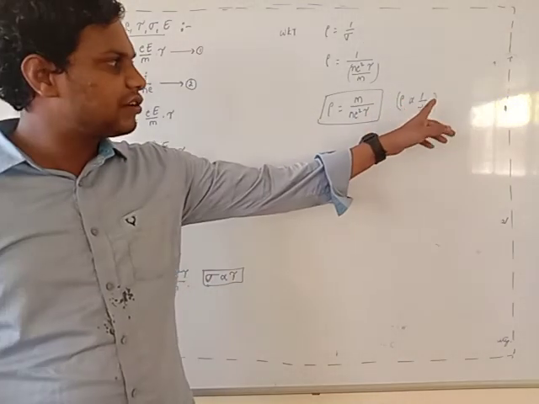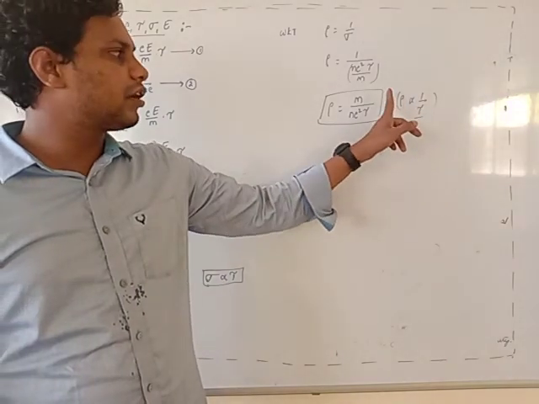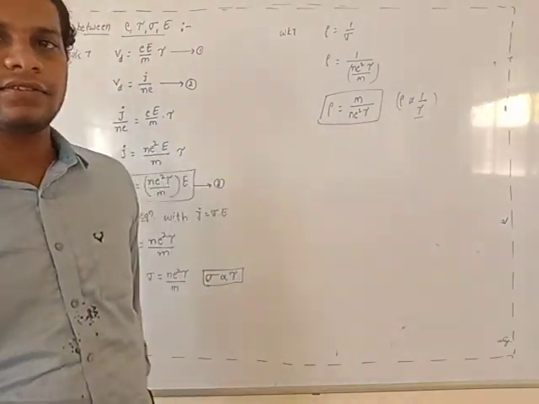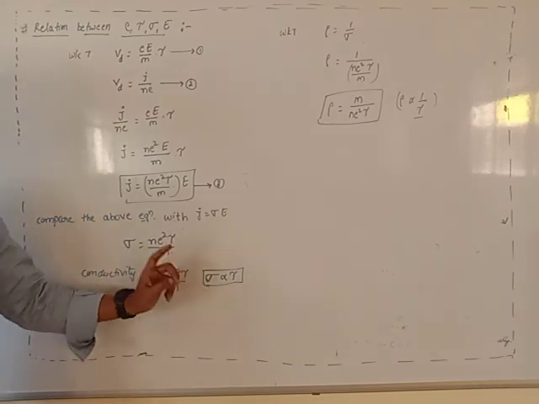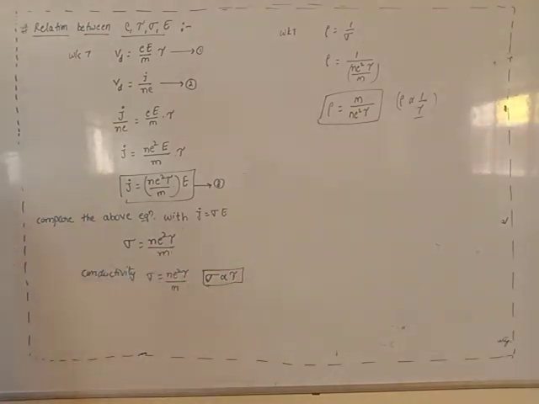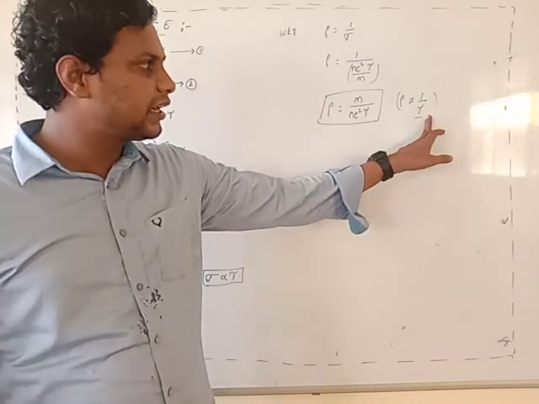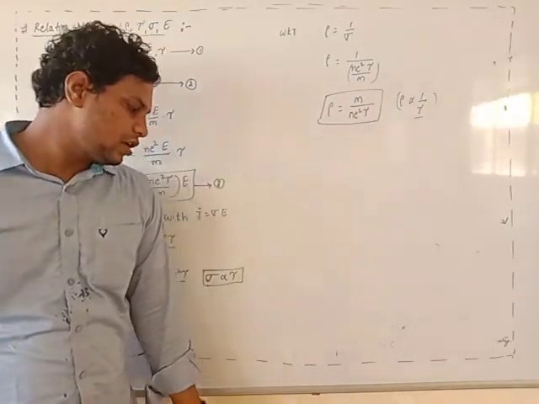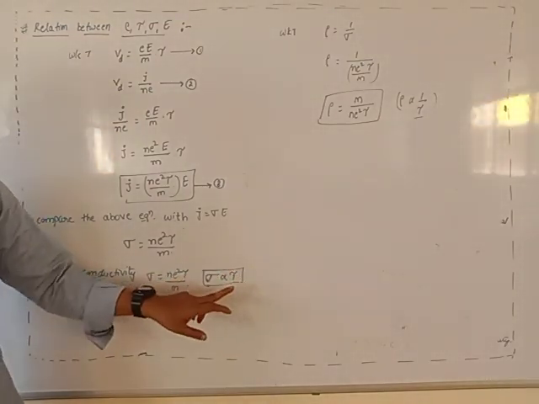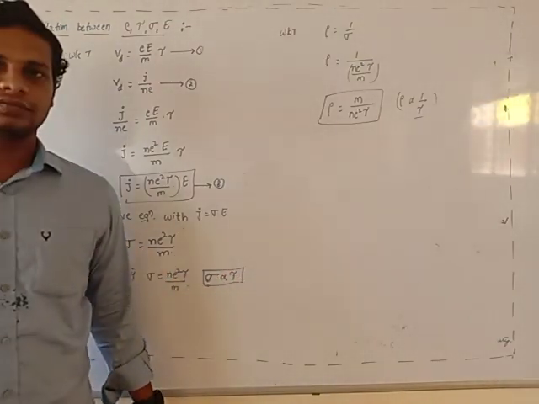Therefore, if relaxation time increases, then resistivity decreases. If relaxation time increases, then conductivity also increases. Now if relaxation time decreases, then resistivity increases. If relaxation time decreases, then conductivity decreases.